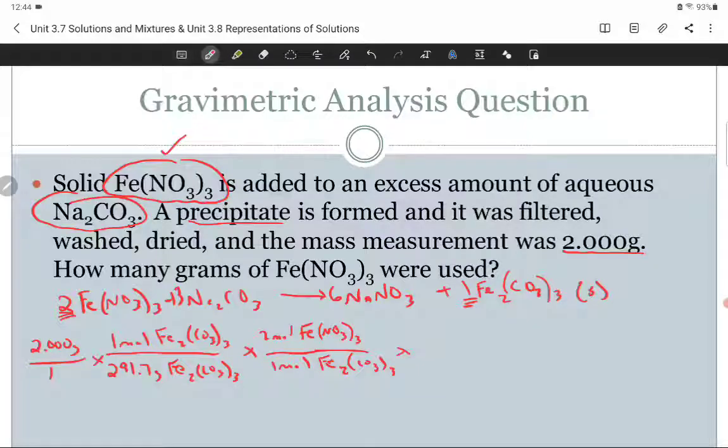And then it says how many grams, so we have to go and use our periodic table again. And 1 mole of iron nitrate, there are 241.85 grams of iron nitrate.